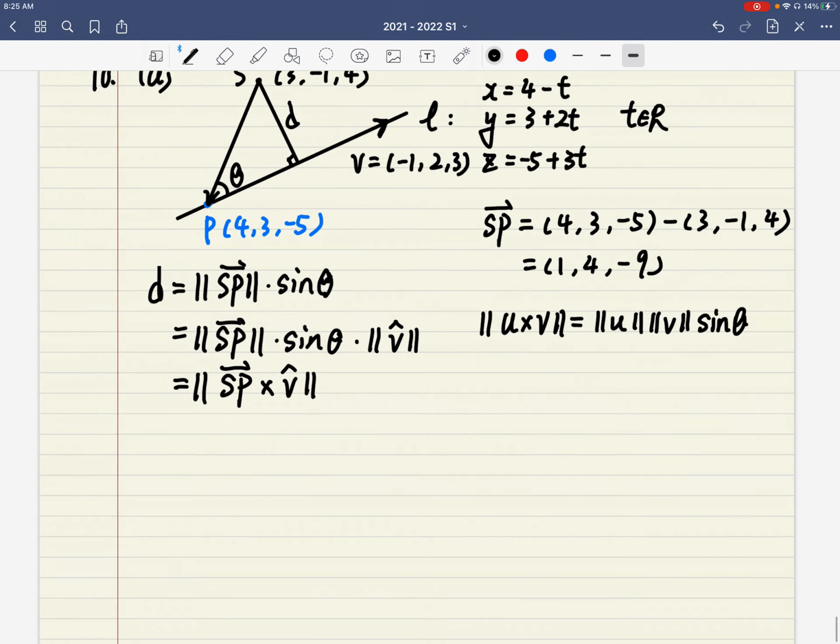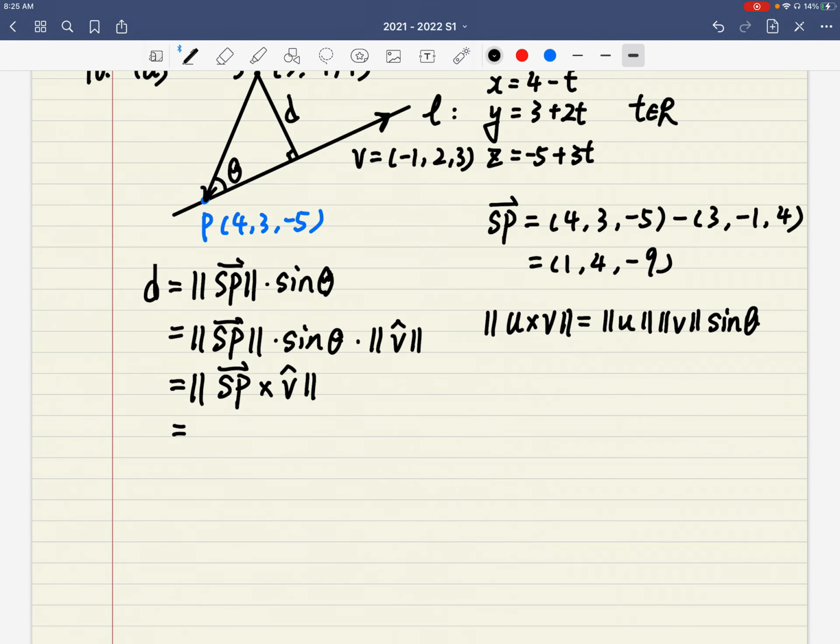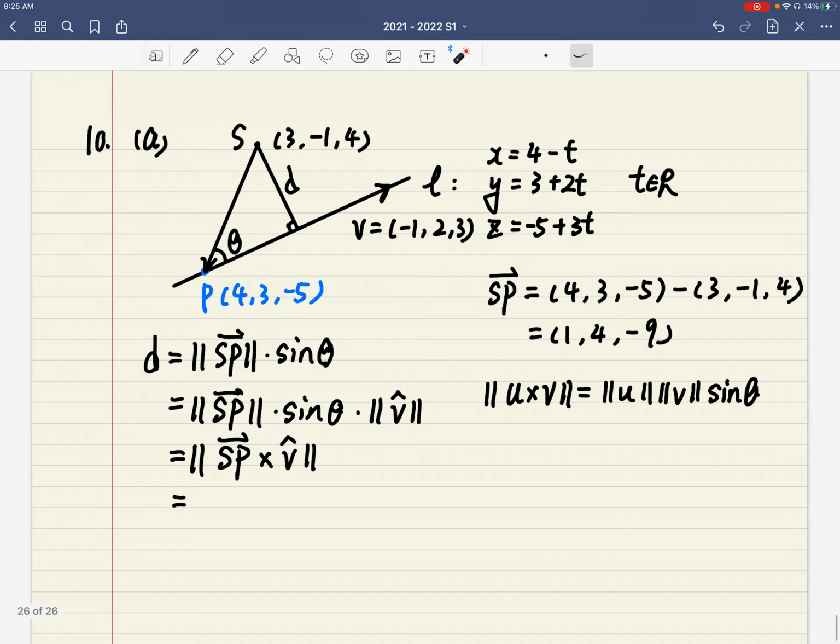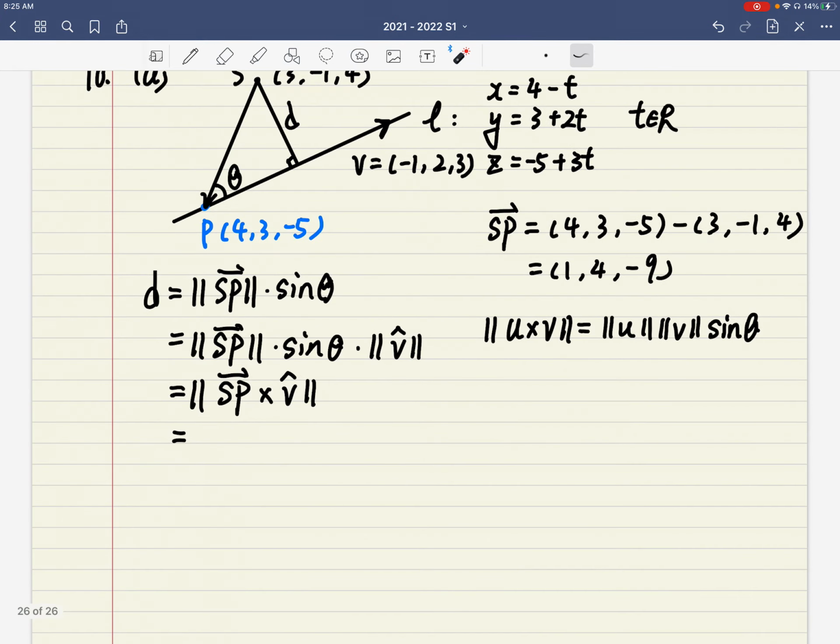This is a formula for the distance from a point to a line. Of course, you can just apply this formula; here is just a two-step derivation. Then we just need to finish our calculation.